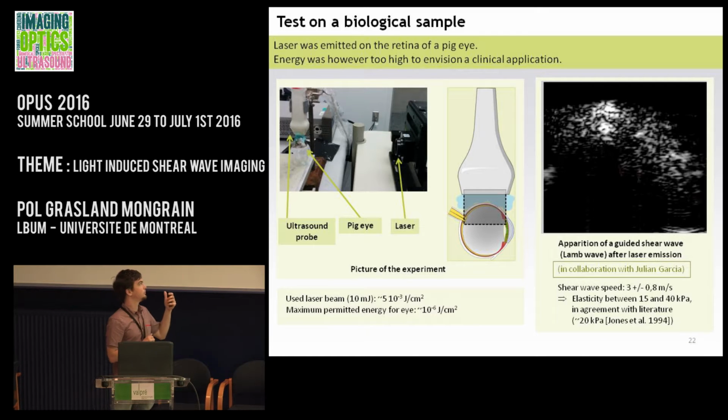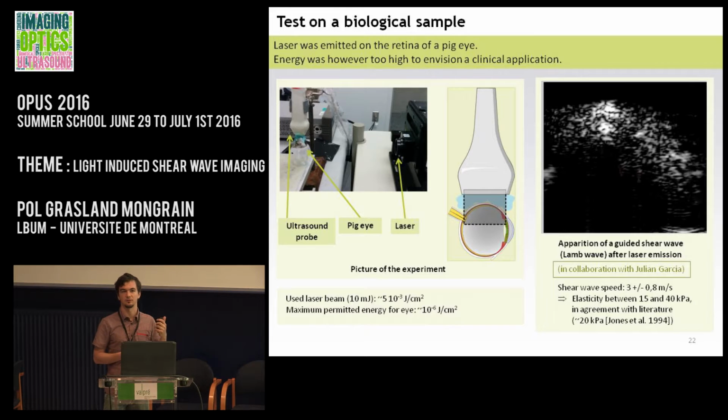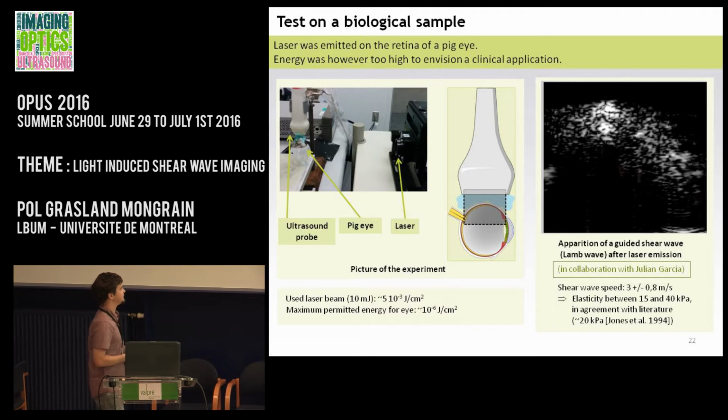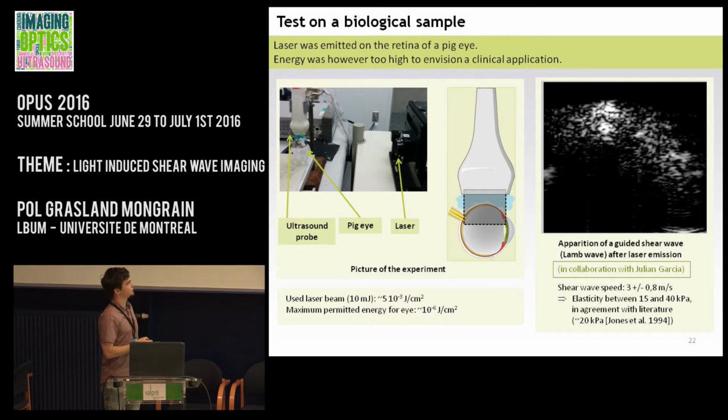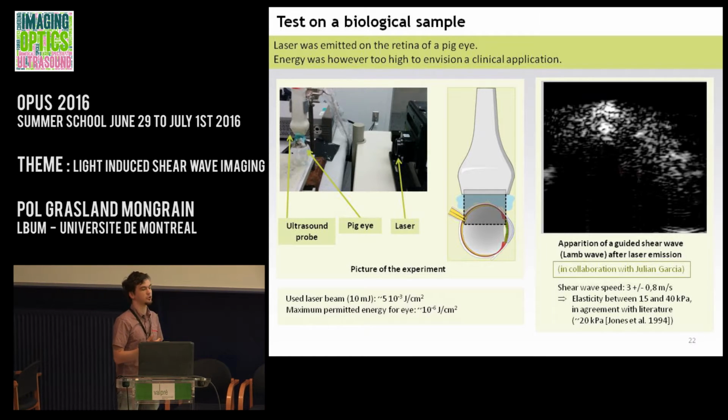So the most obvious remark about this work is: is it safe to do such an experiment? The answer is no. We shouldn't do it clinically. In fact, the energy was something like 5,000 times higher than the standard maximum permitted energy.